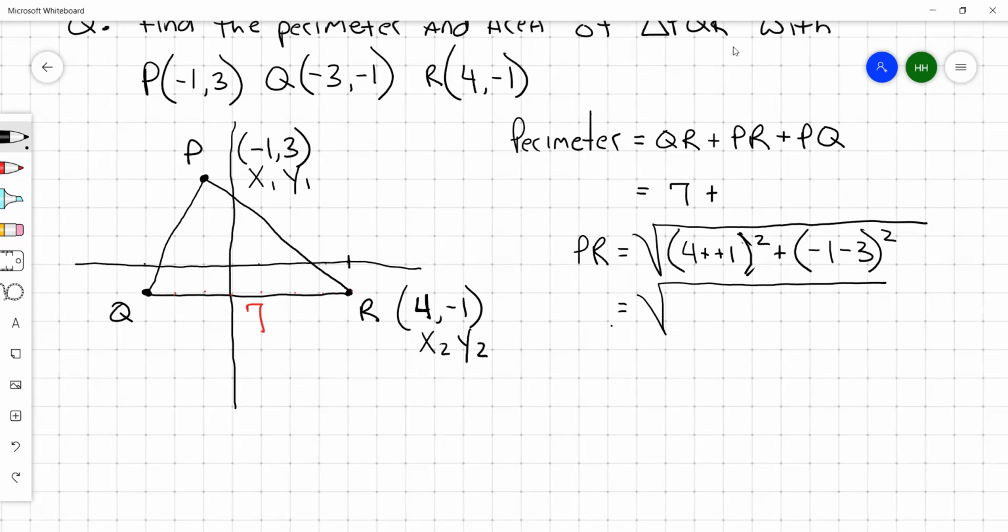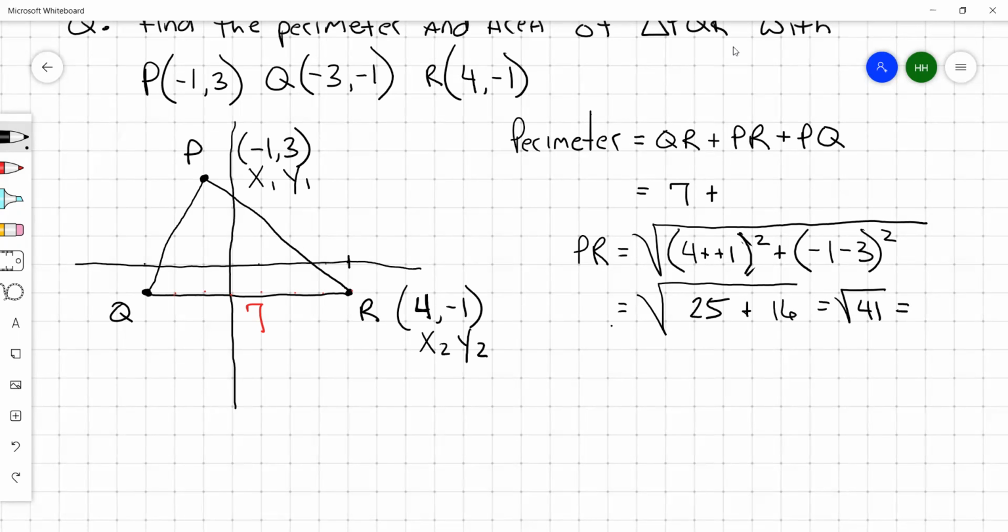So that's 4 plus 1 is 5 squared is 25. Still got the negative 1 minus the 3. So negative 1 minus 3 is negative 4, and negative 4 squared is 16. 25 plus 16 is 41.